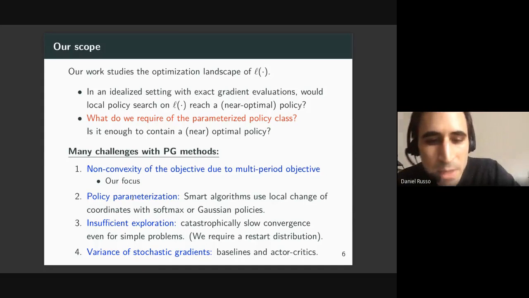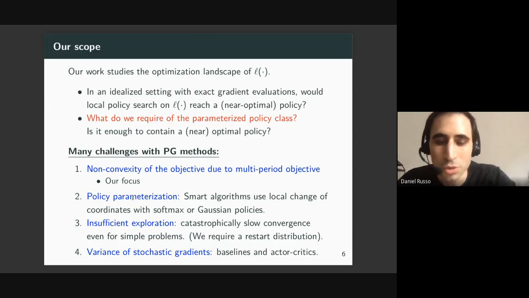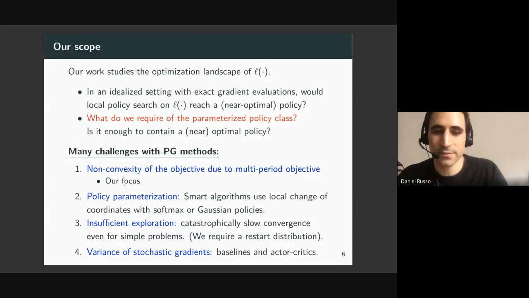Finally, there's the issue of policy parameterization. This is not always to do with a multi-period objective, but instead has to do with the fact that the softmax policy itself has poor conditioning and often requires a local change of coordinates to be effective. So in what follows, you should really think of the results as addressing issue 1.